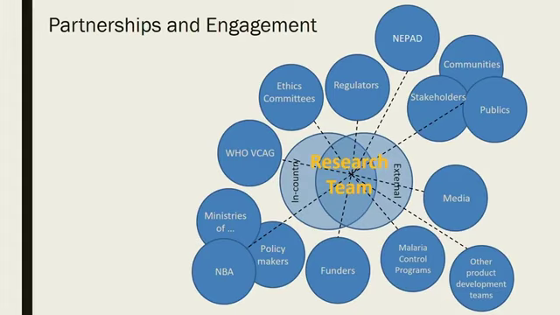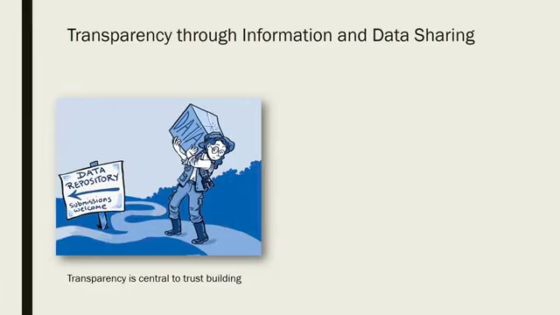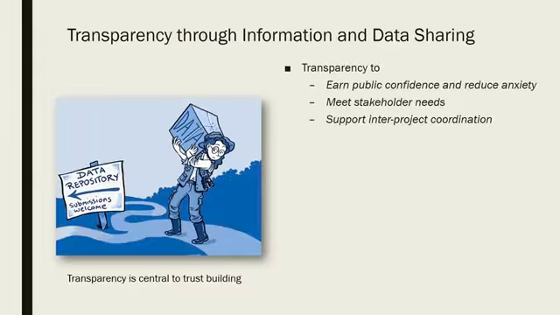So there needs to be an openness here. There needs to be an openness amongst the researchers themselves, and to avoid any rush to be the first, there needs to be sharing of where we are and with data sharing as well. This transparency is utterly important to earn the confidence of the public and reduce anxiety.